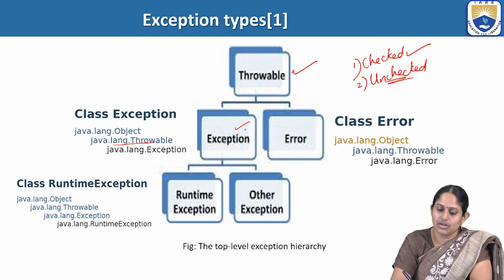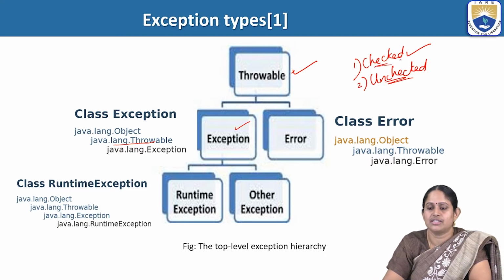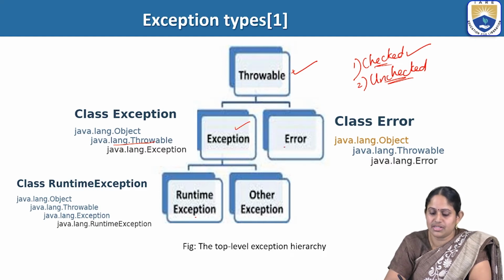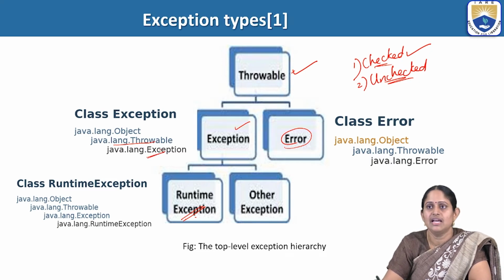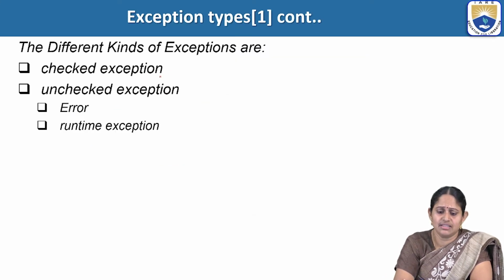All the exceptions which directly inherit the Exception class are checked exceptions, except for RuntimeException. Under the unchecked exceptions, we have the Error as well as the runtime exceptions, and all the other exceptions which directly inherit the Exception class are checked exceptions.